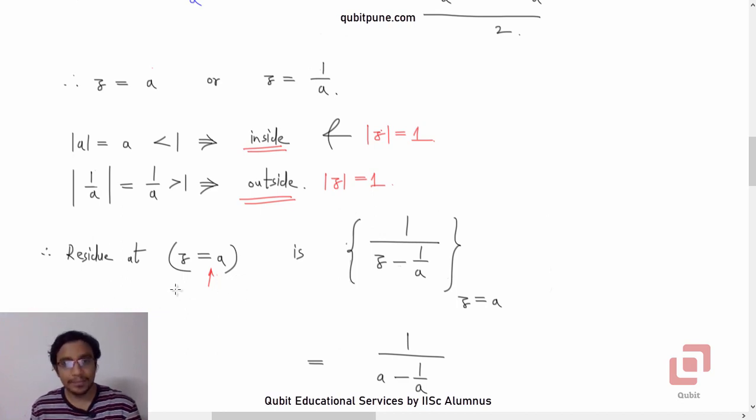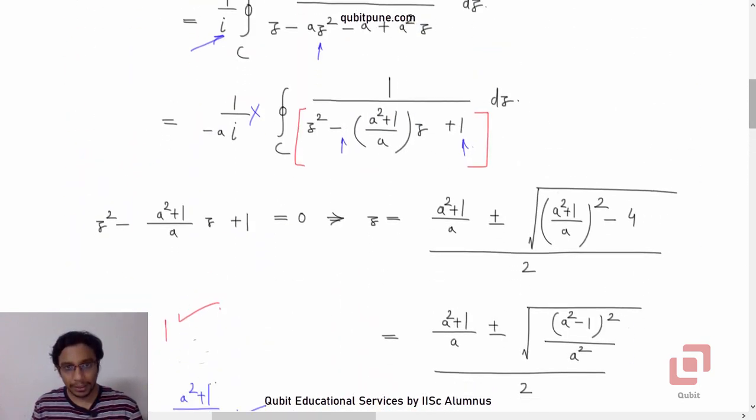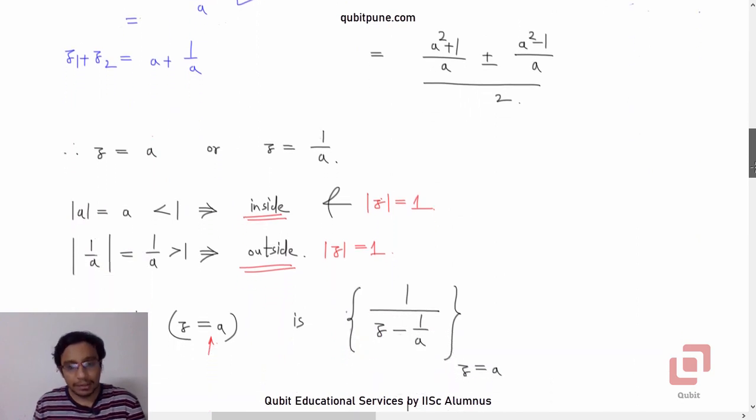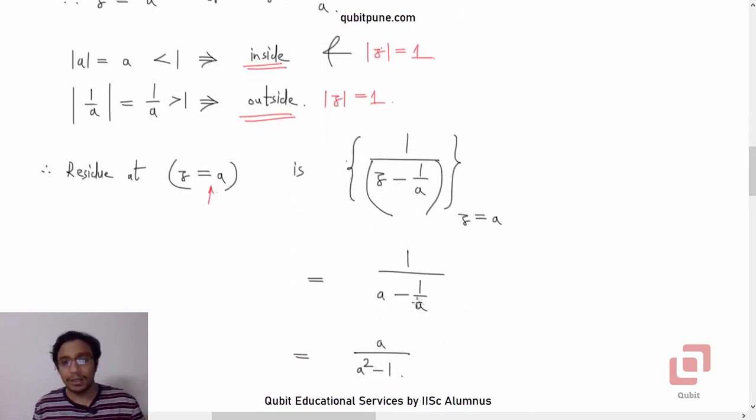Inside C. And to do this we will go back to the integrand, the factorized version, and we will only consider that factor which doesn't correspond to a, which is z minus 1 upon a. If you substitute it, you will get a minus 1 upon a. Remember, both of them are poles of order 1. To calculate the residue we multiply the original function by that factor.